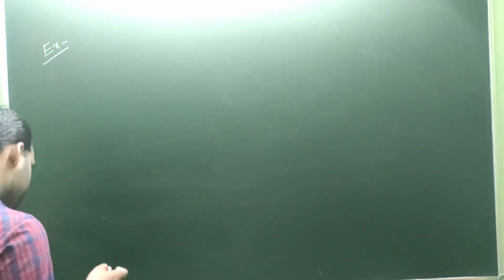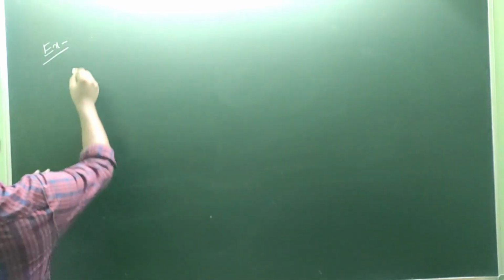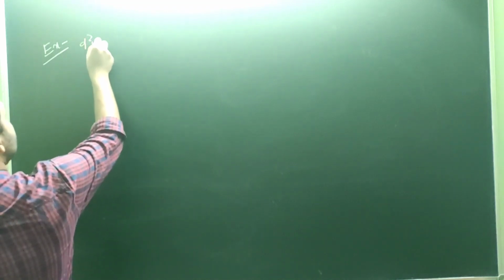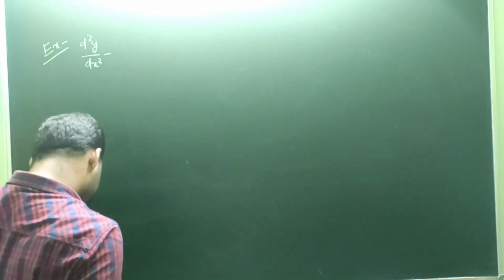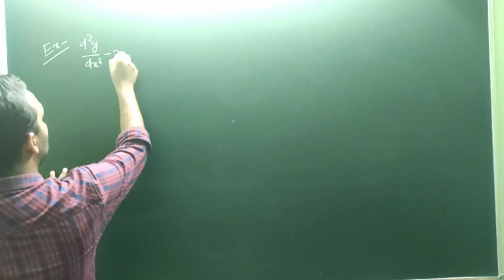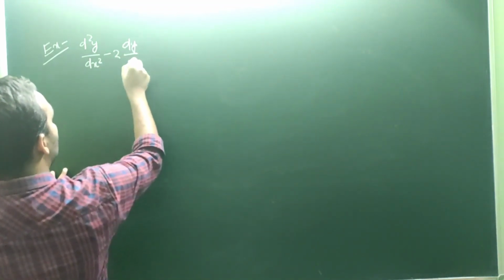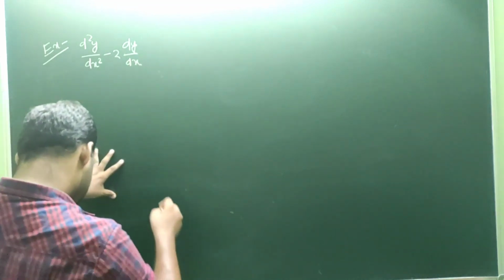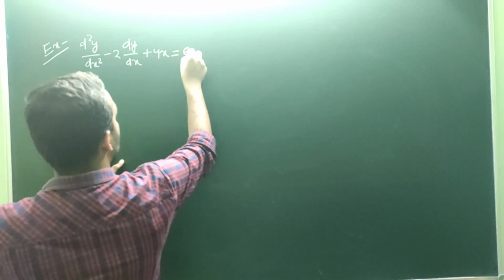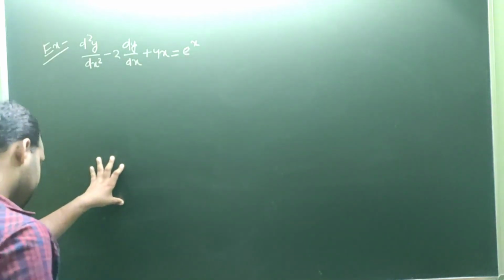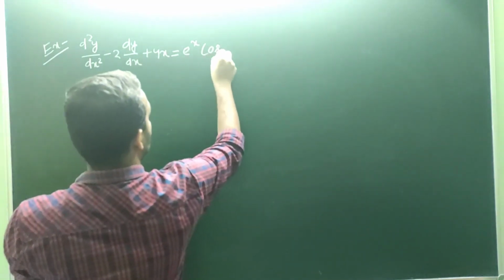Example. So the example is d square y by dx square minus 2 into dy by dx plus 4y is equal to e to the power x cos x.